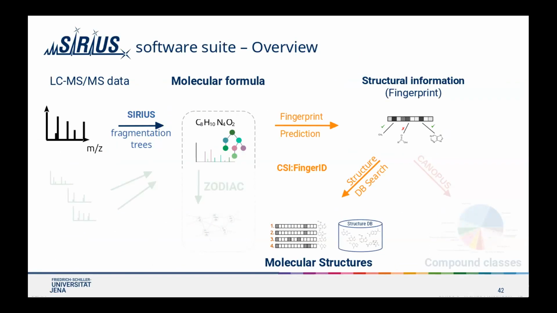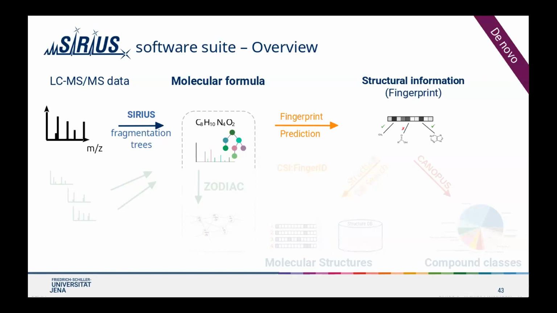And this is basically also using the molecular fingerprint, because we have already predicted some kind of structure information, right? So without searching a database, we now have substructures and functional groups, but this is usually not very informative to make some kind of decision, or to compare your data sets or whatever.